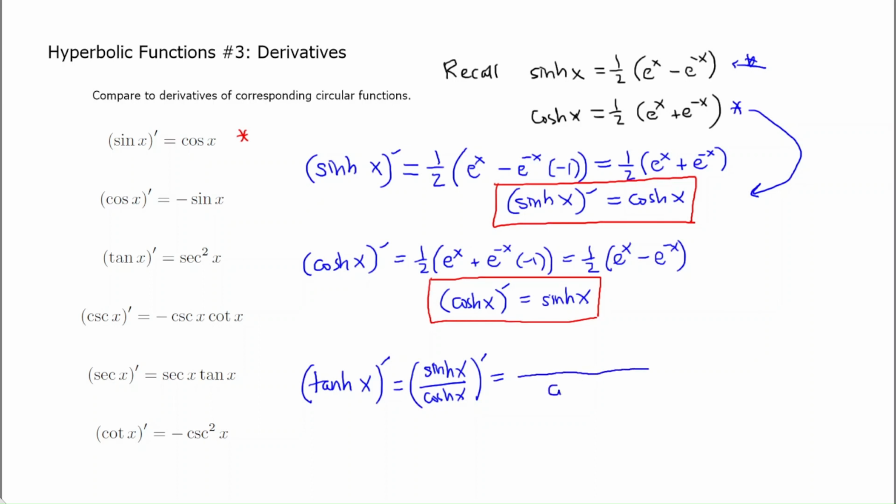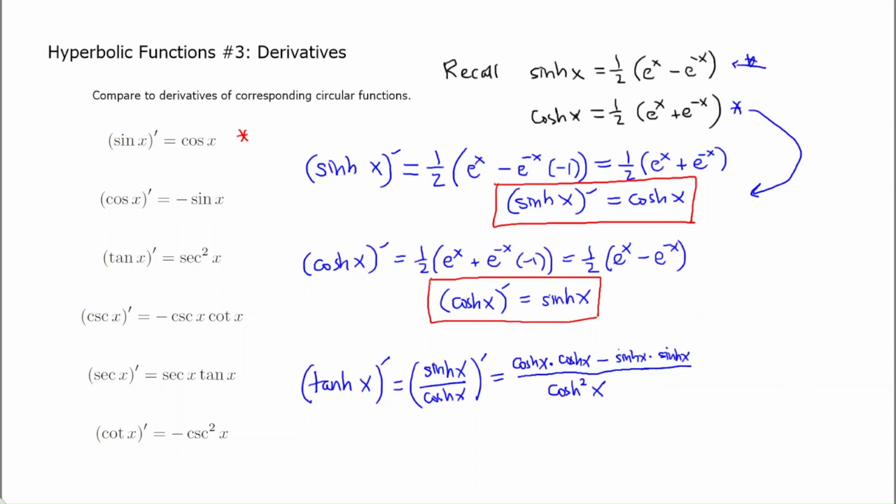The denominator is going to be the square of the denominator we're taking the derivative of. Otherwise, we take the derivative of the numerator, derivative of sinh is cosh, times the denominator, and then minus the numerator, sinh x, times the derivative of the denominator. Derivative of cosh is sinh.